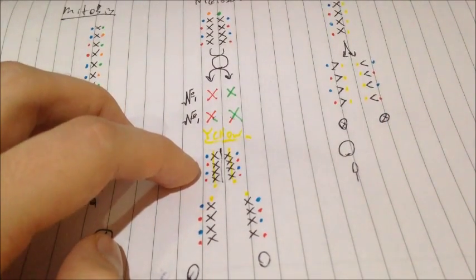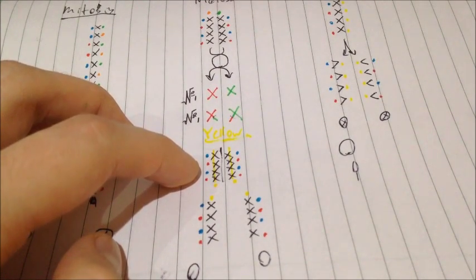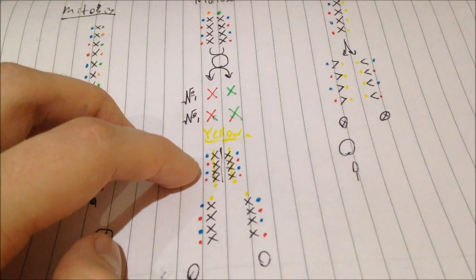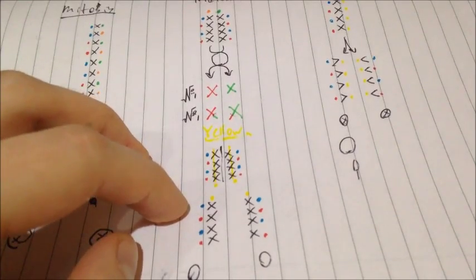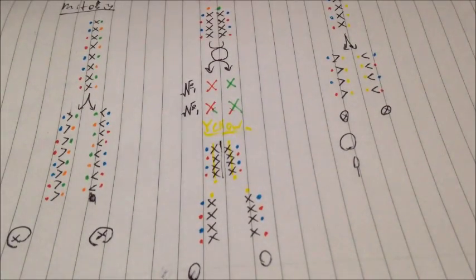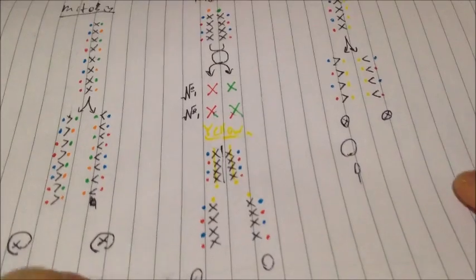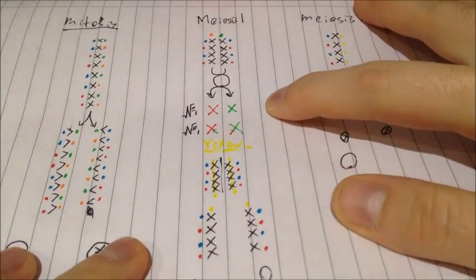What if there's a really horrible mistake that you don't want in all of your cells? Like, you wouldn't want cancer to be in your genitals, would you? That's probably taking it too far, but yeah, this is basically how it works.